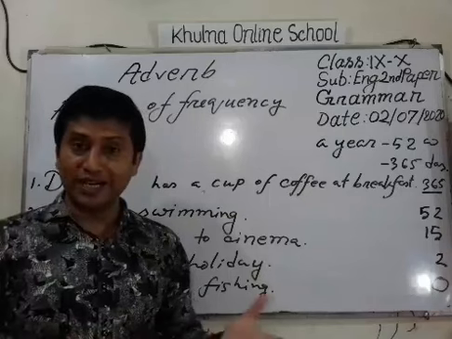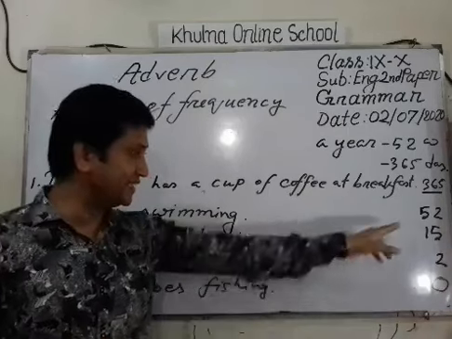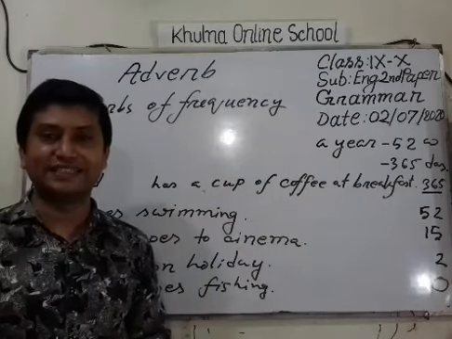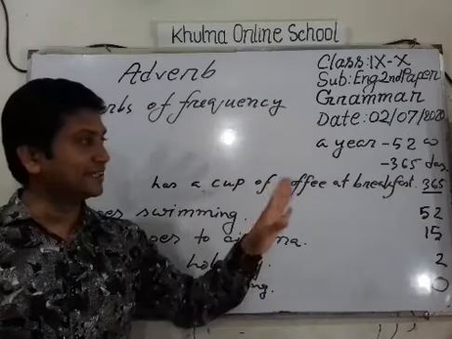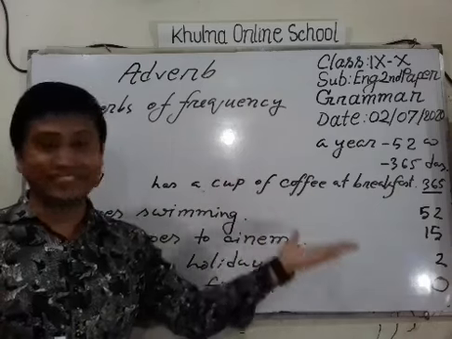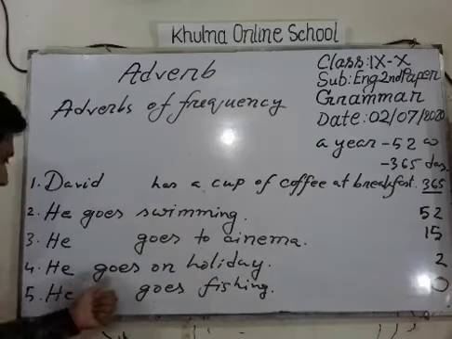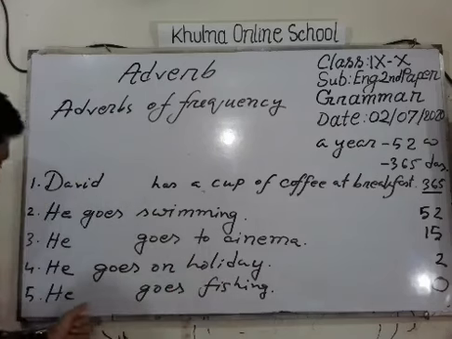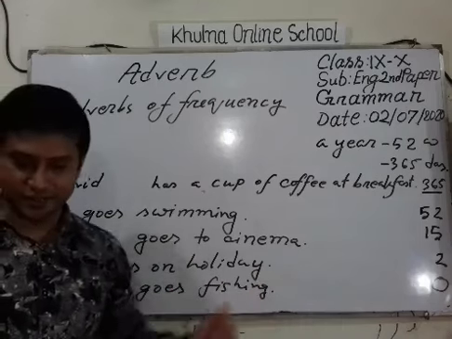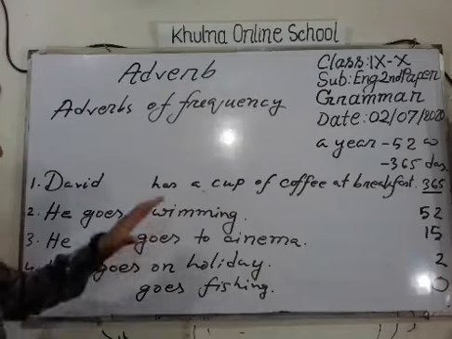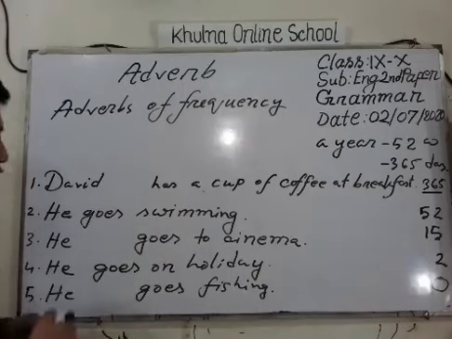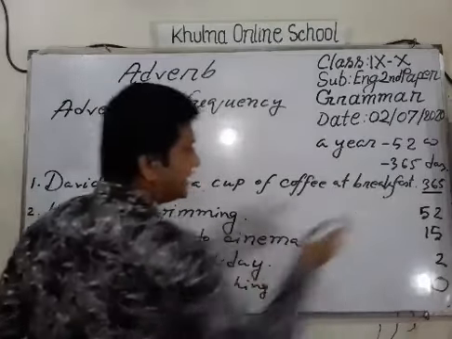You know a year has 52 weeks. He goes to the cinema only 15 days out of 365 days. He goes on holiday only 2 times a year. And then he goes fishing. Okay? So dear students, now we can write here: David always, 365 days.